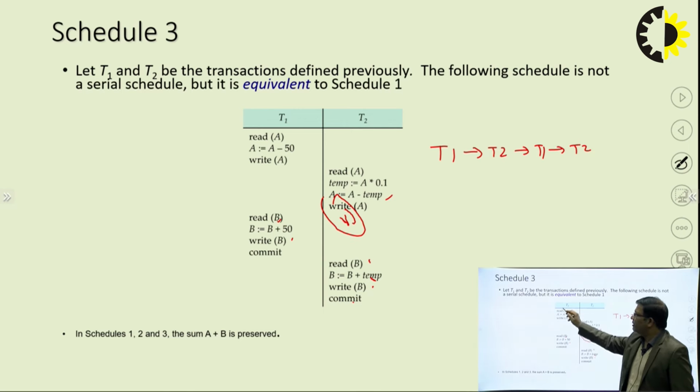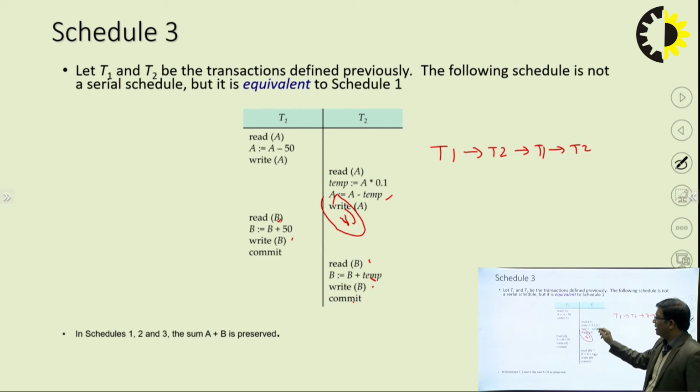So it will read the value of A in T1, and in T2 it reads the value of A, and in T1 it reads the value of B, and in T2 it reads the value of B, and then does some operation, some changes in T1 and in T2. So this is not a serial transaction, just because T1 and T2 are executing in parallel. We can say that this is a concurrent transaction.